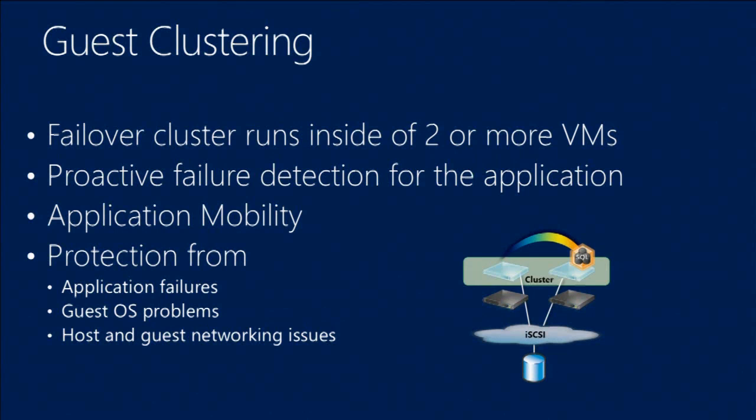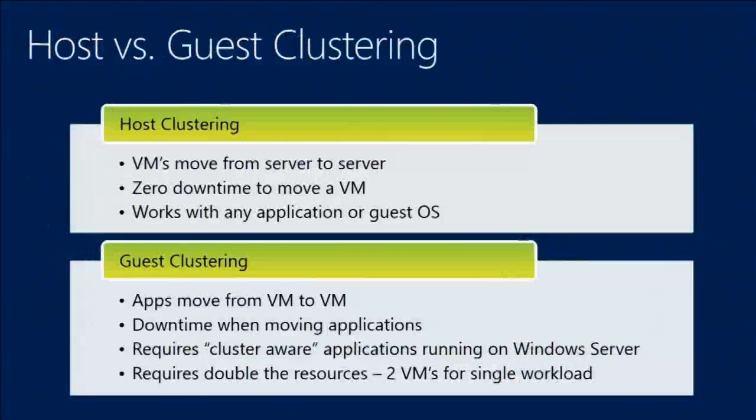Your application now has mobility. In cases of failures, it can move independent of your VM. So now you're protected from application failures. If your SQL in your guest cluster fails, we'll fail over your SQL instance to the other VM, which is part of the guest cluster.